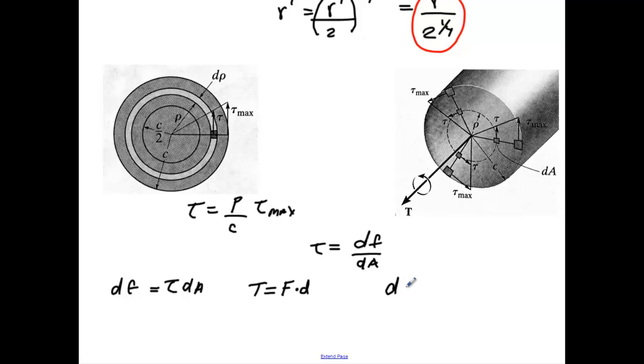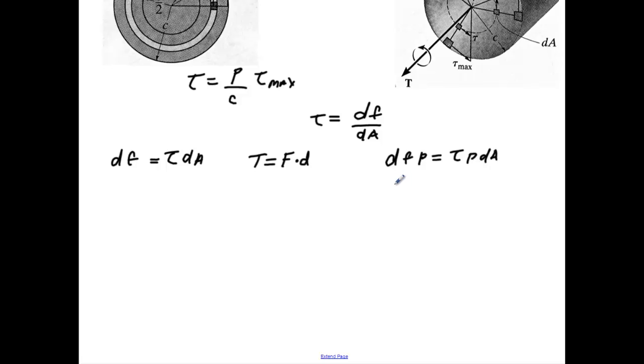That's going to give me dF times P is equal to the shear times P times dA. Now, isn't this right here nothing more than a delta torque? Because I have force times distance, I have some small torque. We'll set that equal to the shear times P dA.